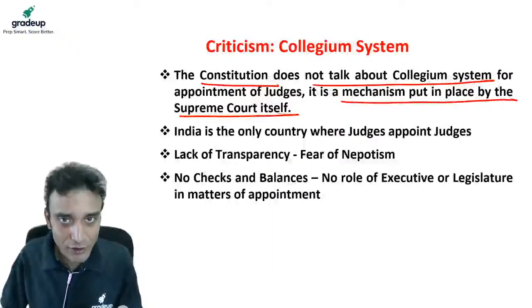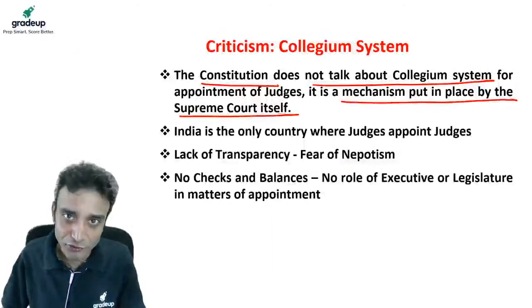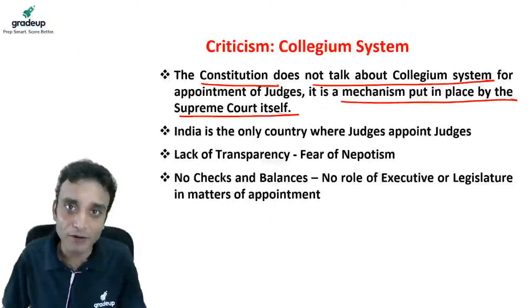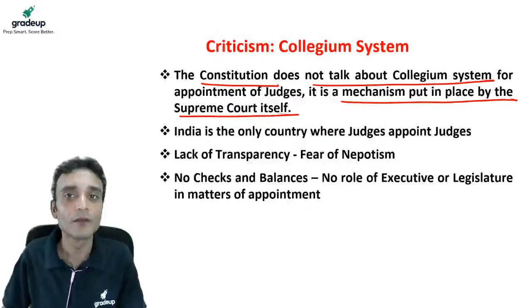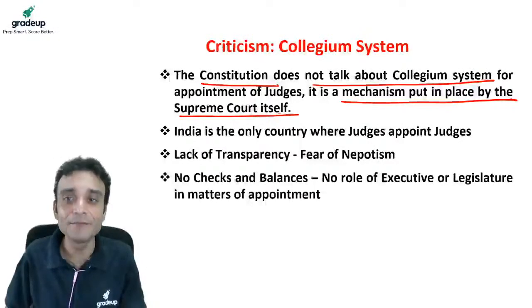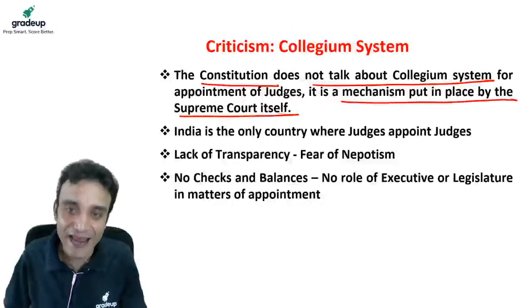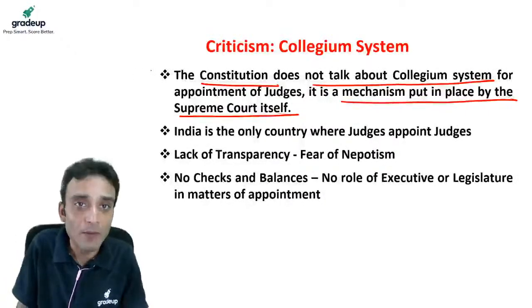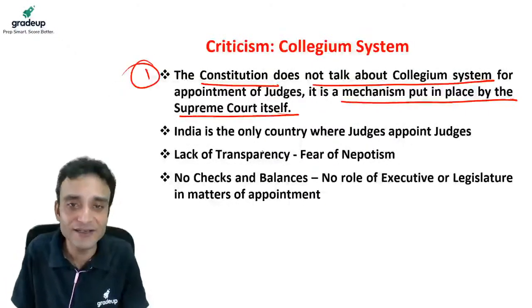The original Constitution or the Constitution today does not talk about the Collegium system. It is a mechanism that has been put in place by the Supreme Court itself. Number one, that's the first criticism.